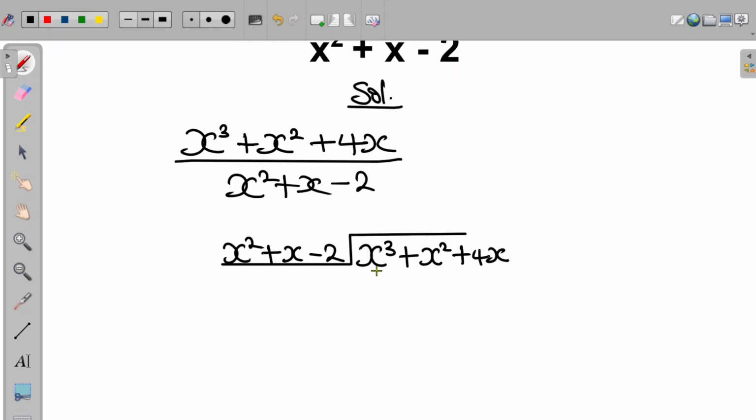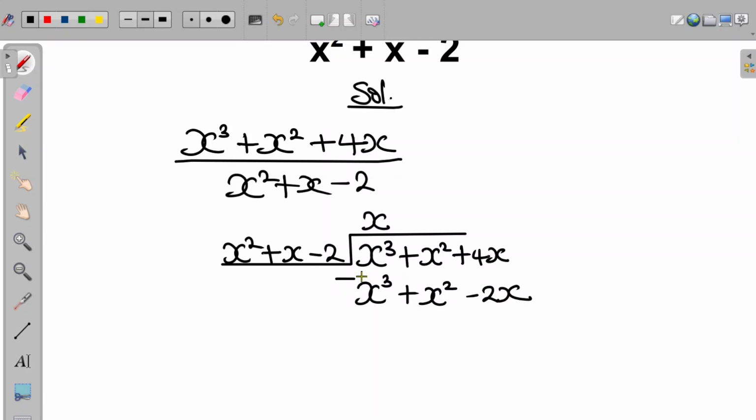So x to the power of 3 divided by x squared will give us x, and x times x squared is x cubed. x times x is plus x squared, and x times negative 2 is negative 2x.